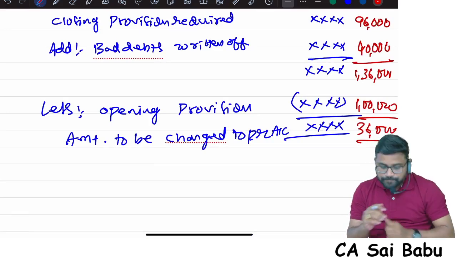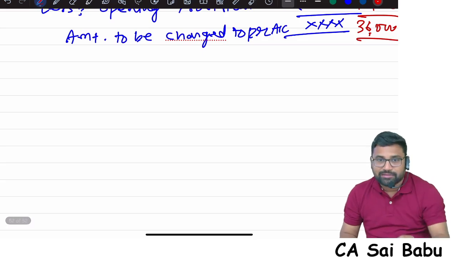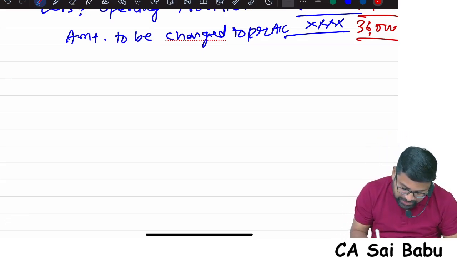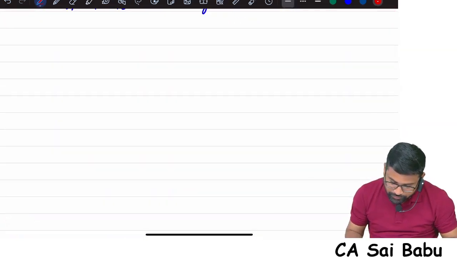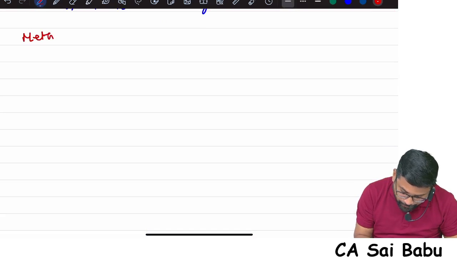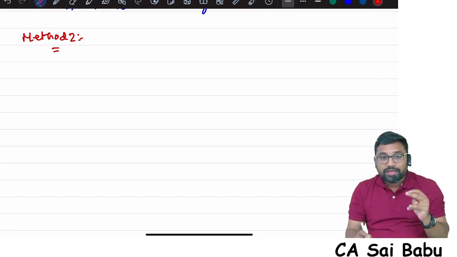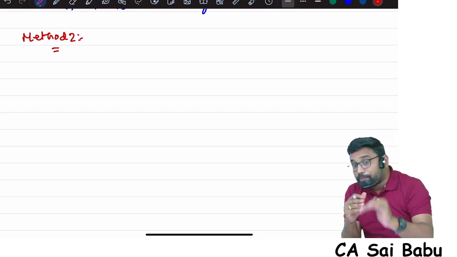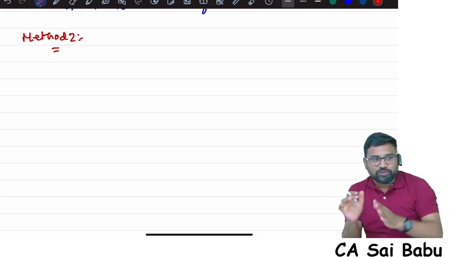Now, I am going to tell you the second method. One of the most important methods, the second method we are discussing. So next, method 2. Write down, method 2. In this method, sir, all bad debts will be written off to P&L account, not adjusted against provision for doubtful debts.